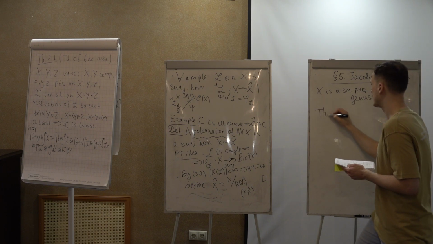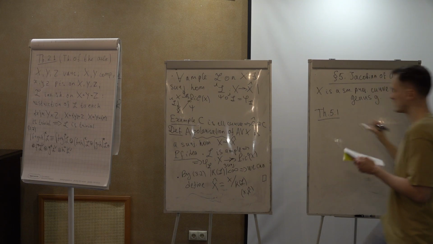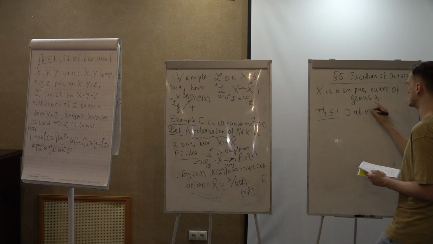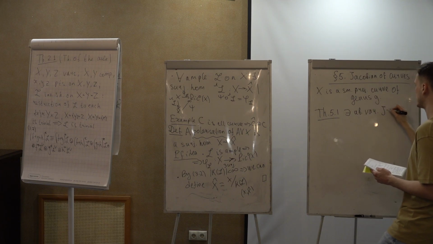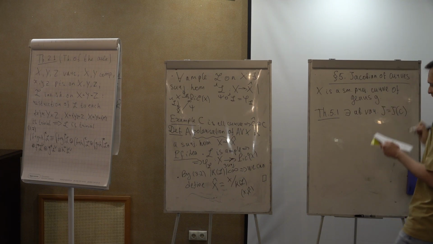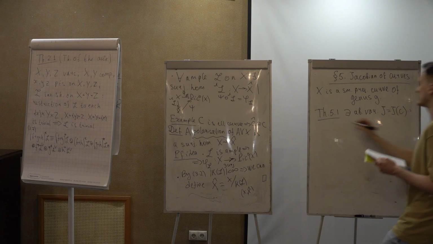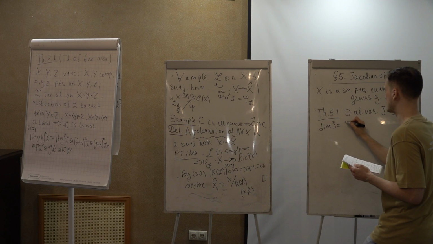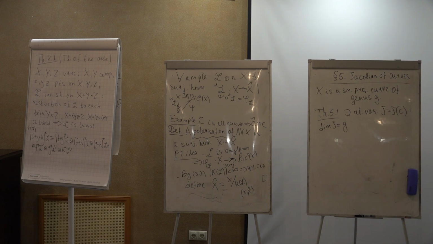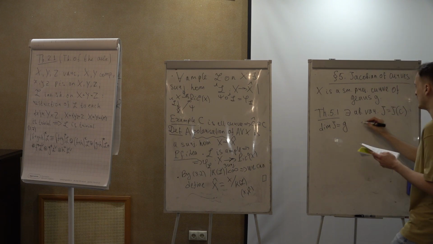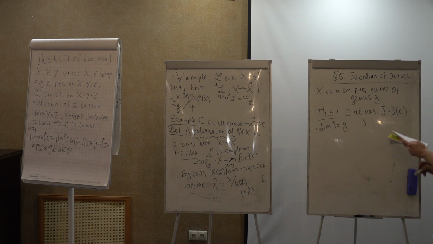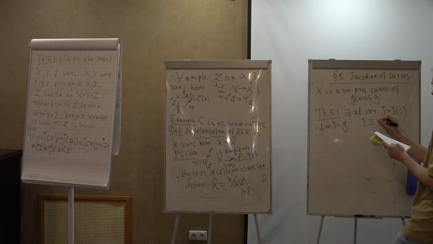Theorem 5.1: there exists an abelian variety J, or J of X, such that the dimension of J is g, the genus of X.